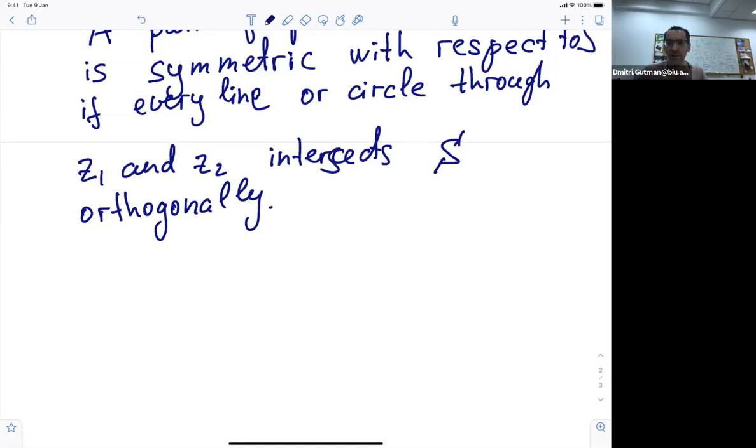So what I just did, I generalized the definition of two symmetric points with respect to a straight line such that it now includes the case of a circle. So with this definition at hand, I can not only tell whether the points are symmetric with respect to a straight line, the same definition now allows me to define points that are symmetric with respect to a circle.